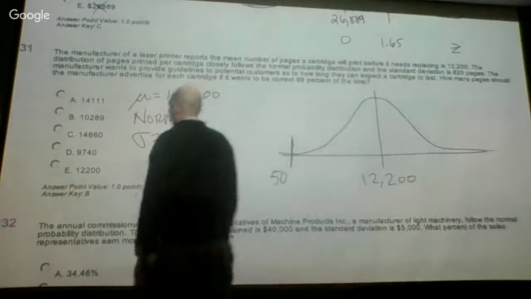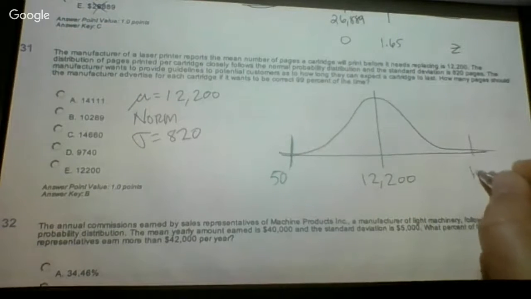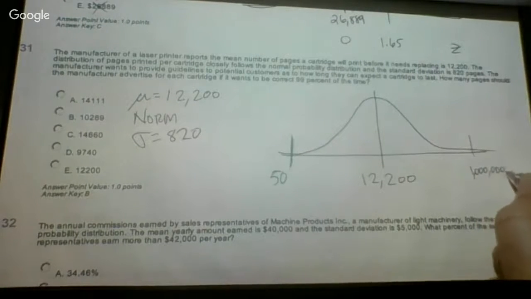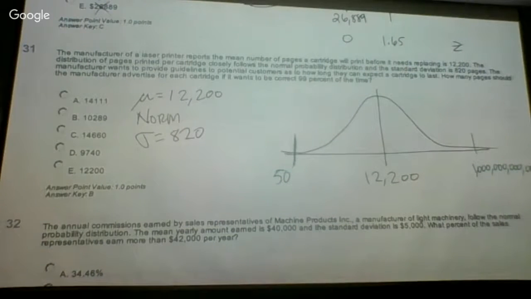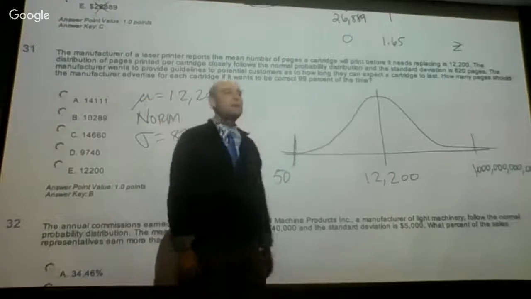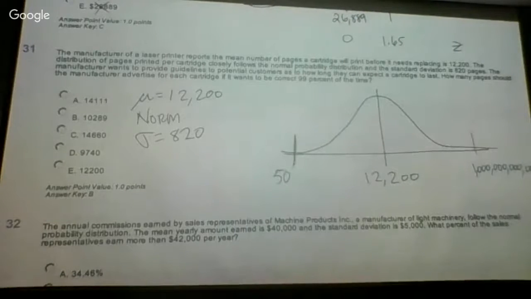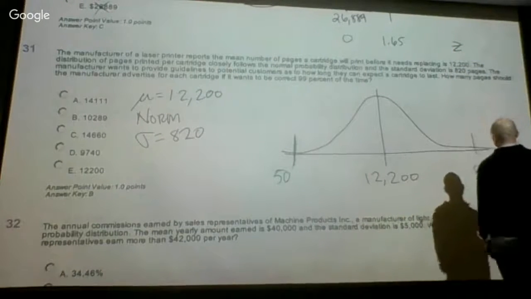Let me try the other side. Does it pass the logical smell test that 99% of my printers will print 1 trillion pages? Do you think 99% of my printers will print 1 trillion pages? No. That's pretty ridiculous and pretty impossible. It would make no sense to put something on this side.